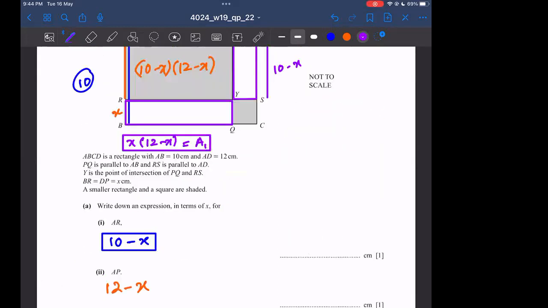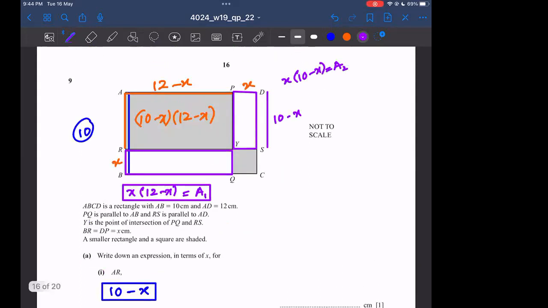See, why 1.46? Look, this length over here is 10 minus x. If you subtract 10 minus 20.54, it will be a negative value. The length cannot be negative. So the x value should be less than 10 and less than 12 as well. So basically the x value should be less than 10, so that this value or this value should not be negative.